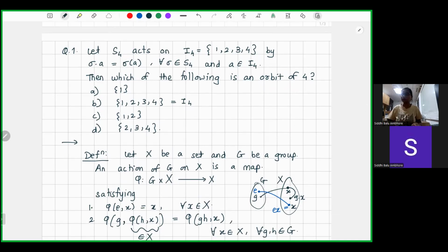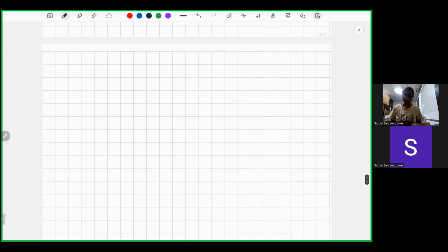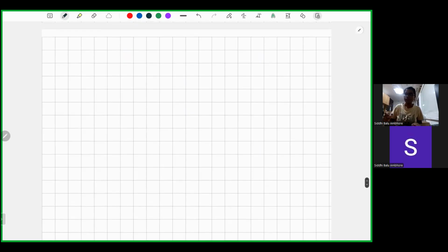Okay, so let us understand what the orbit of a point means. Again, this is a definition: let G be a group acting on a set X. When we say that G is a group acting on a set X, we already assume that there is an underlying group action given to it.